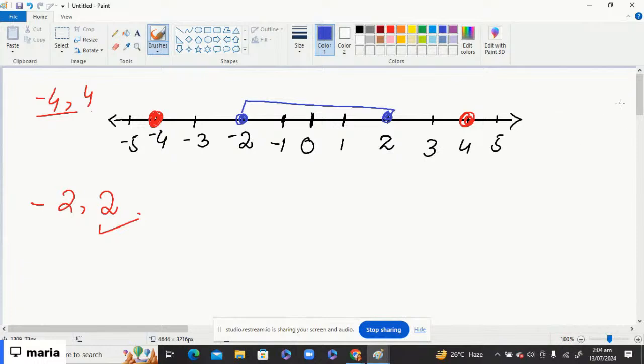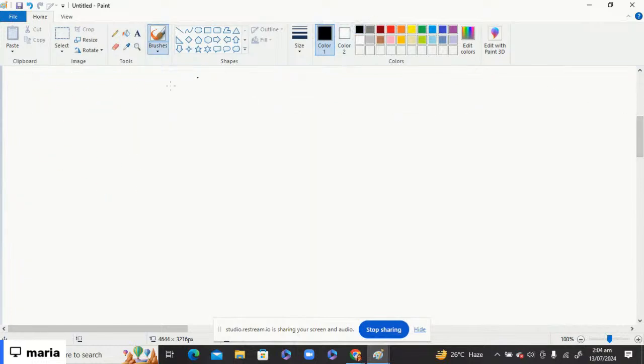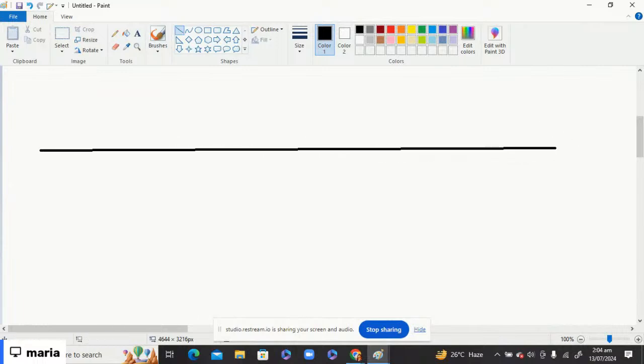If, for example, there is a number line and we mark some more numbers, here is 0, and on the left side it's all negative.